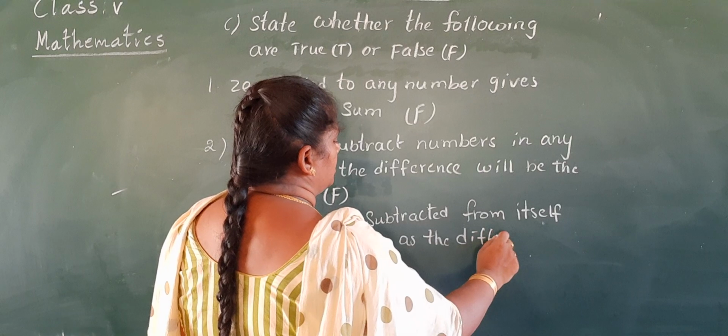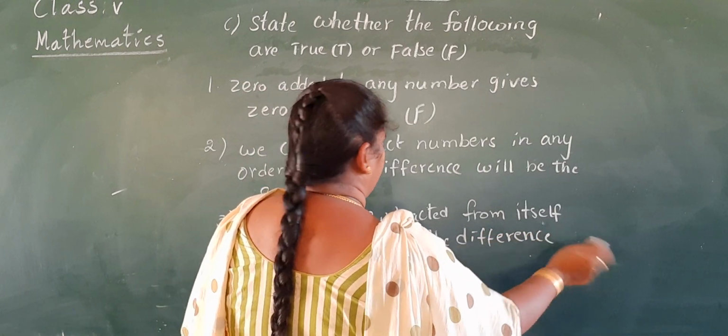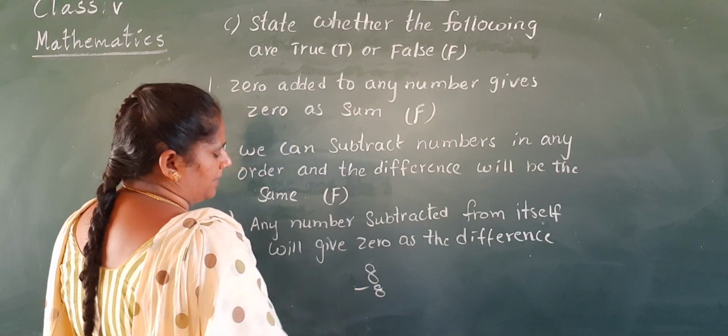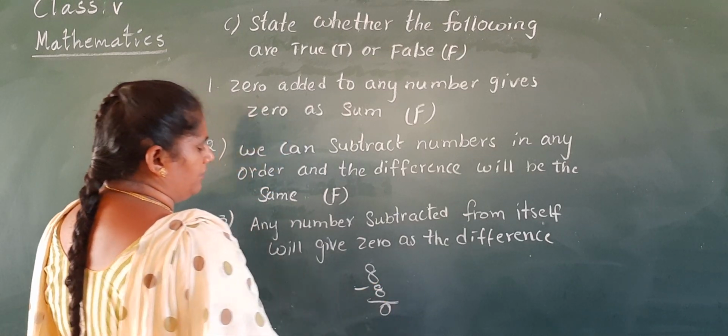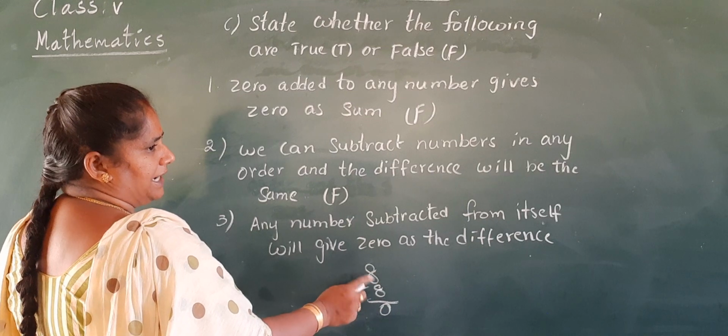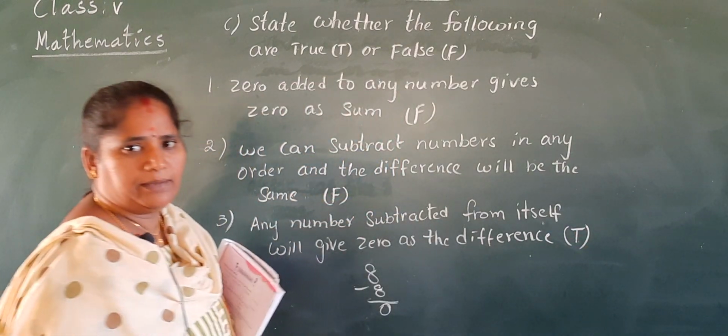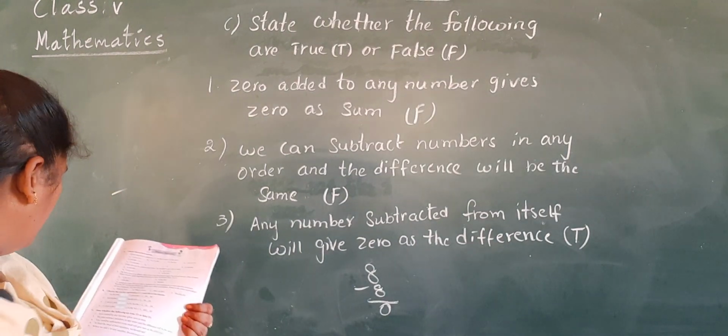It is true or false? Let us take one example. Any number, take 8, subtracted from itself. 8 minus 8 will give 0 as the difference. Yes, 8 minus 8 is 0. So this statement is correct, true. Okay, ma? Now, fourth one.